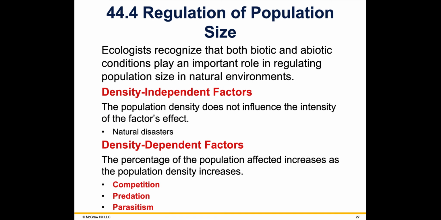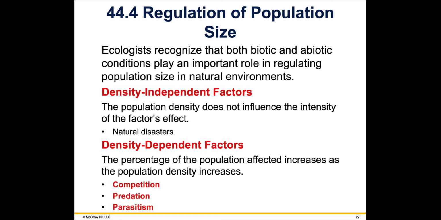So that's what they mean. The density is not influencing the intensity of the biotic or abiotic factor. And we're going to see this with all sorts of natural disasters: hurricanes, floods, fires, tornadoes. It doesn't matter if there's a million or if there are five, the natural disaster happens either way.